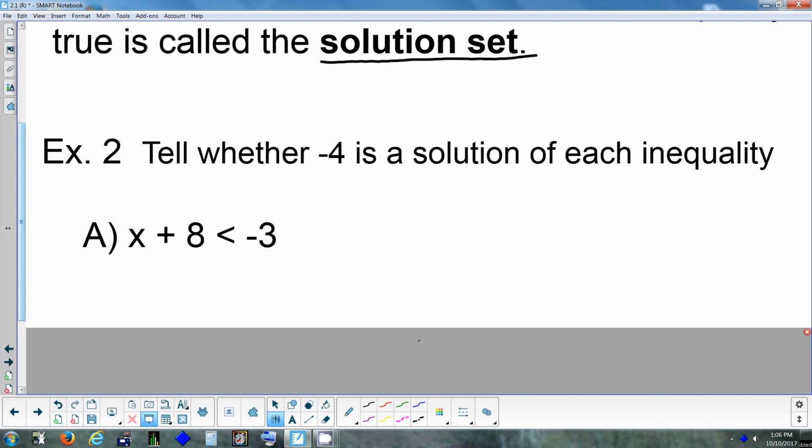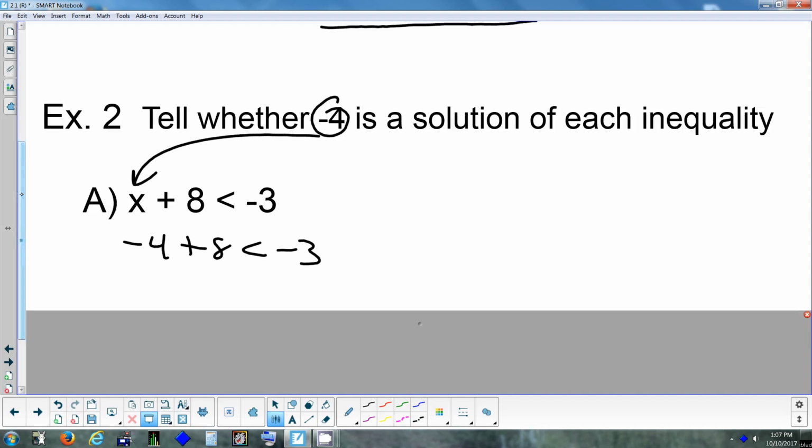It's the first thing you need to do if the directions say evaluate. You need to plug in a negative 4 for x. Yeah, that's the first step. Fill in -4 for x. Okay, and I'm going to put a question mark above that because we don't know if it's true.